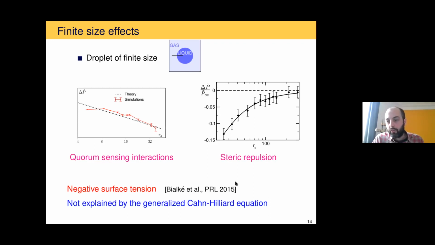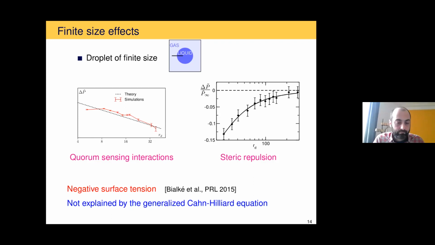It's rather surprising, because intuitively, when you think of negative surface tension, you have thermodynamics in mind. So you think it will be favorable to make more interface in the system, and so the system will be unstable. But what I've shown you at the beginning is a movie of a stable phase separation.